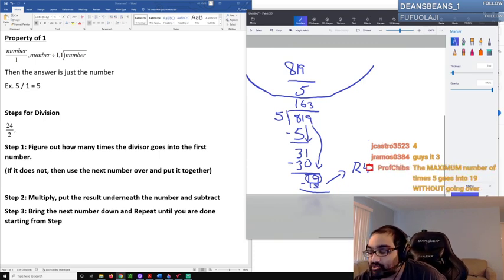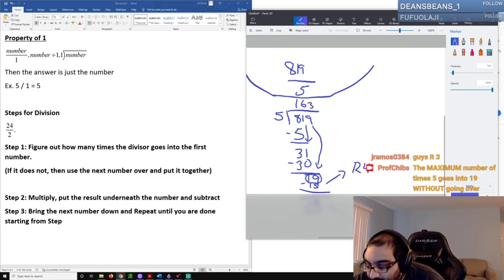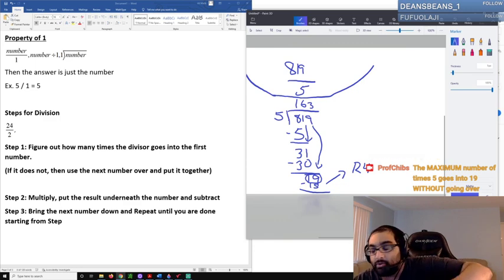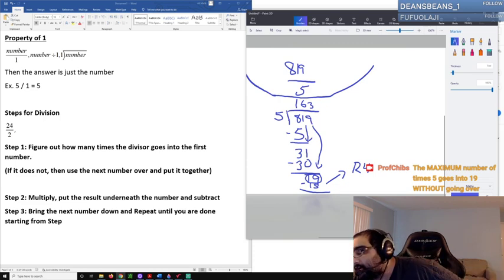So I just want to go over that little subtle part there of why we chose 3. It is again the maximum number of times 5 goes into 19 without going over. So if it goes over 19, like 5 times 4 is 20, that's not good. Unfortunately, I'm not allowed to do that. So that's why it's not 4. That's why it's 3.